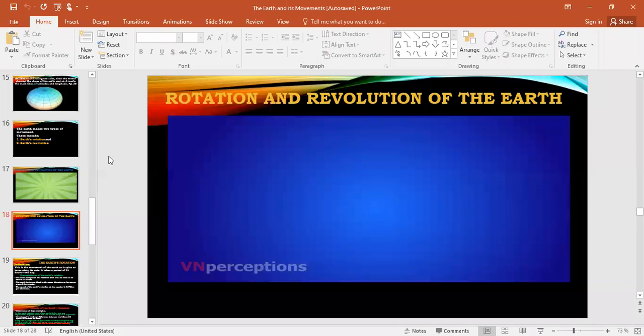Then it causes day and night. It also causes difference in time, and it also affects ocean currents and tides, and also influences the direction of the prevailing winds. Okay, thank you.